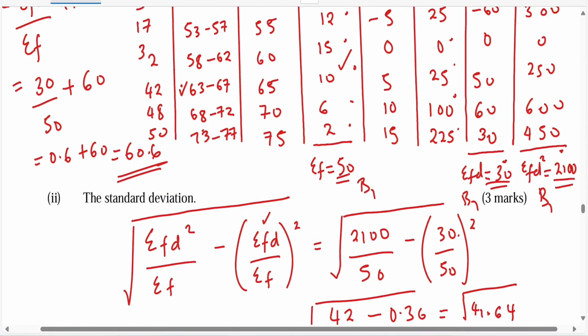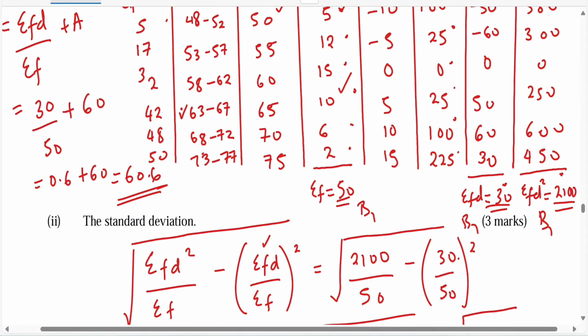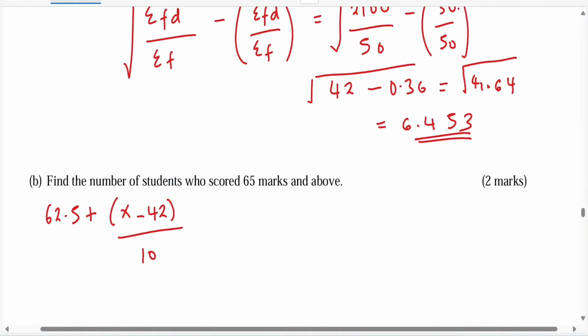The class interval is easy to find. You can take 67 minus 62, which gives you 5, or take the upper boundary minus the lower boundary, in short 67.5 minus 63.5. It still gives you the class interval, but the easiest way is to just take the last numbers. Since it is discrete data, not continuous data, you can take the last numbers and subtract them: 67 minus 62 gives you 5.